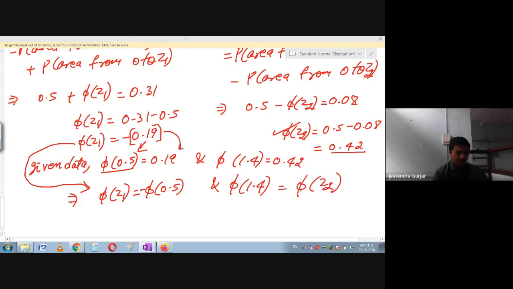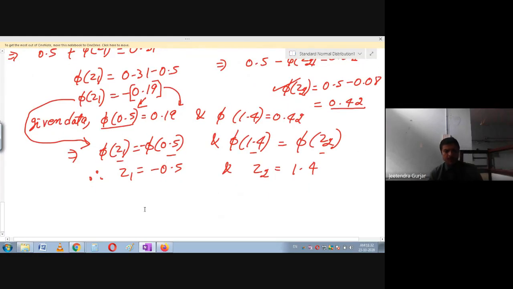Is it clear, students? This means z1 is nothing but minus 0.5 and z2 is nothing but 1.4. If you compare, these are equal, and you get z1 equal to minus 0.5 and z2 equal to 1.4, students.